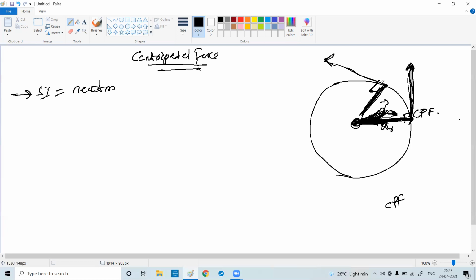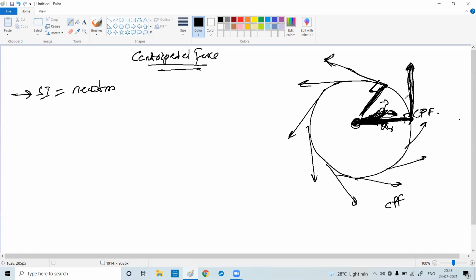Even though the speed is constant, the direction is constantly changing, so the body is constantly accelerating. So remember, circular motion is one of the accelerated motions. Is it clear? Any doubts?